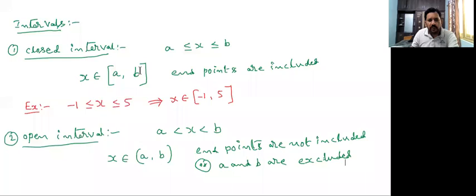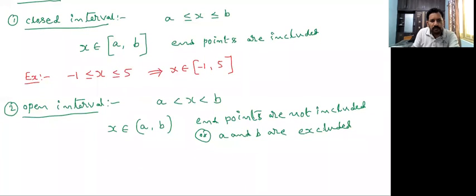So now I am going to take one example. See here, example: 1 is less than x, which is less than 3. That means we can write in open brackets like this: x belongs to open bracket 1 comma 3.